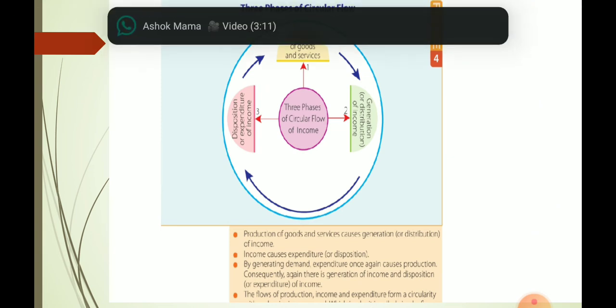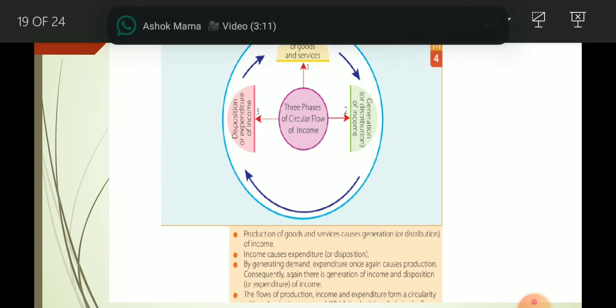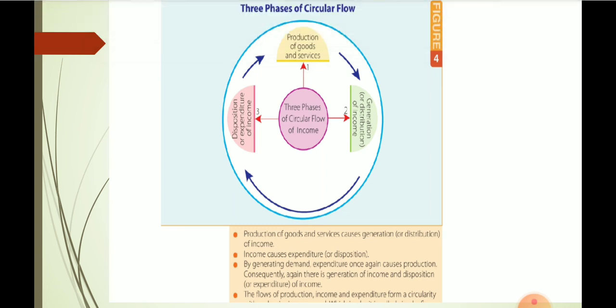Now, when these goods and services are sold in the economy, then this 100 crore income received by the producer sector is distributed among the four factors of production in the distribution of income in the second phase.